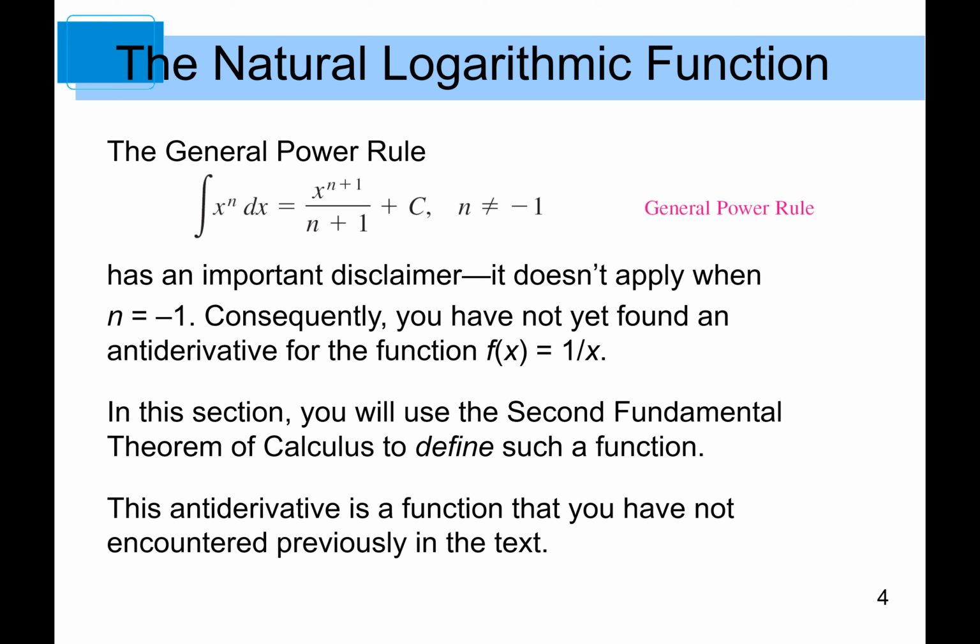So, if you take a look at the general power rule, right? For antiderivatives, the integral of x to the n dx is equal to x to the n plus 1 over n plus 1, plus c. In this case, n cannot be equal to -1. And when n is equal to -1, the power rule does not apply.